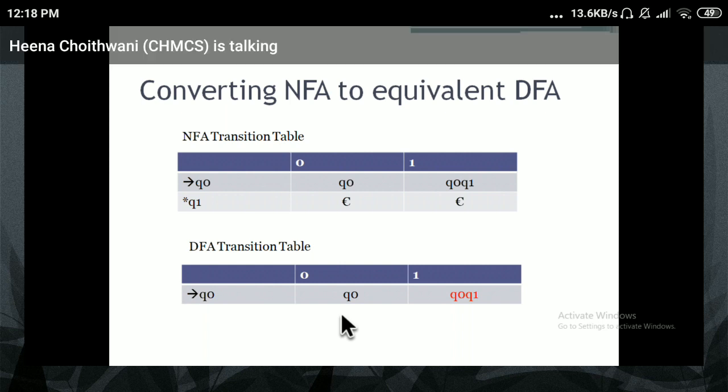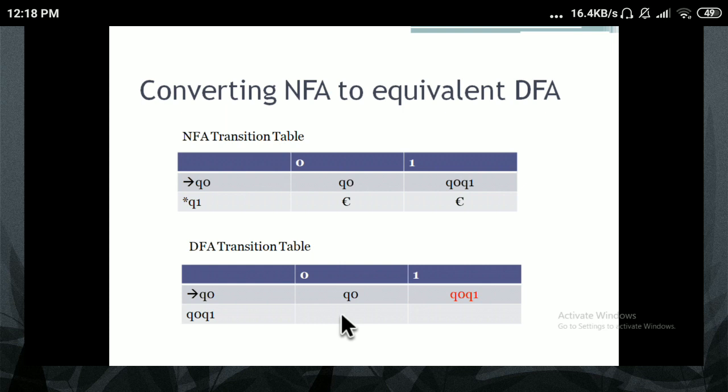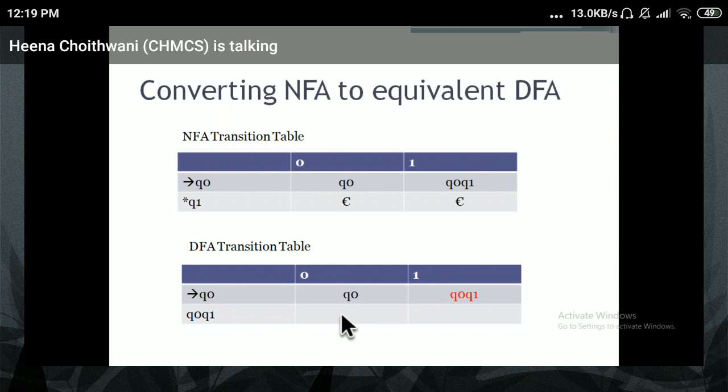Now we have to find the entries for Q0, Q1 on 0 and 1. Can you tell me Q0, Q1 on 0, where it will go? Q0, because we are taking the union of this part, right? So Q0 and epsilon, the union of this is Q0, right? And what about Q0, Q1 on 1?